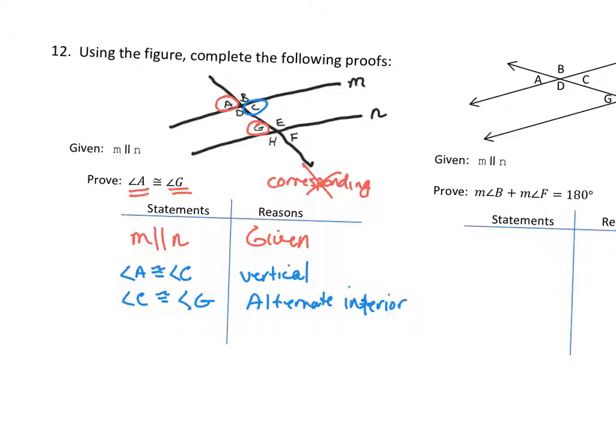And therefore, angle A is congruent to angle G by substitution. That way I'm substituting out the C and in the G. So there's my substitution.